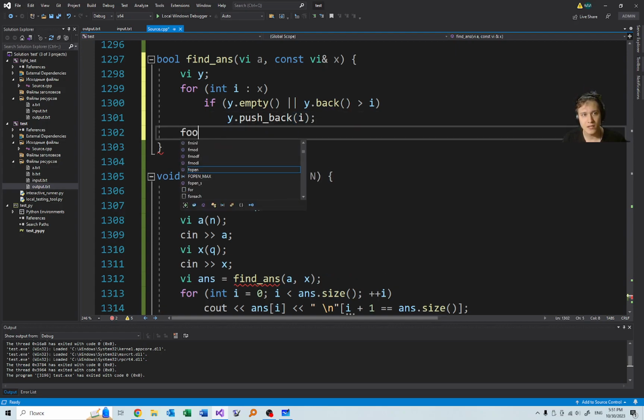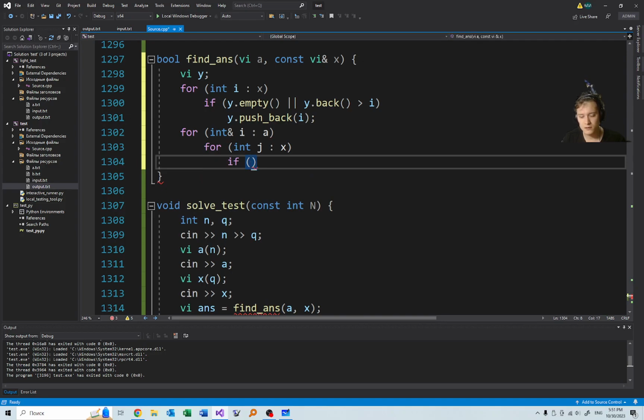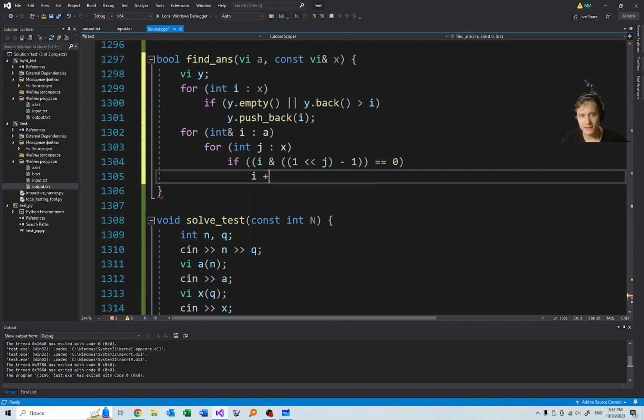And then we go through a. So we check, is it true that I is divisible by 2 to the j? To check that, we can check that if we make this end, it is 0. So if it is divisible by 2 to the j, we add 2 to j minus 1.